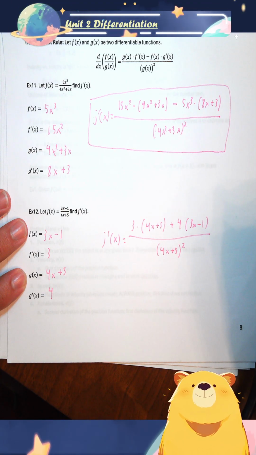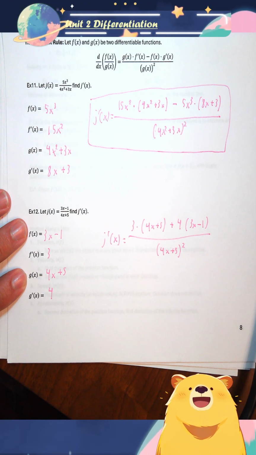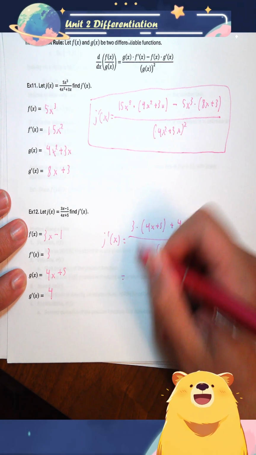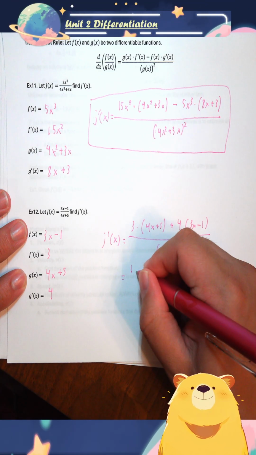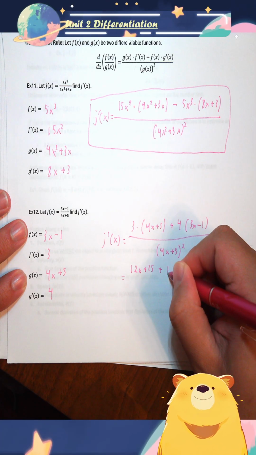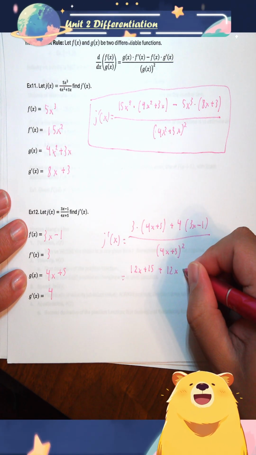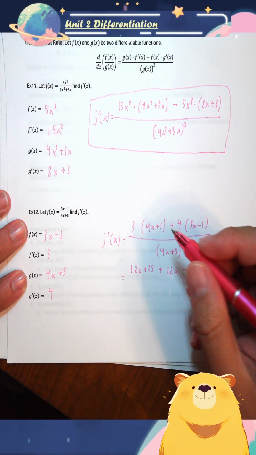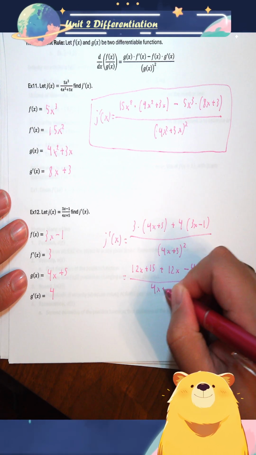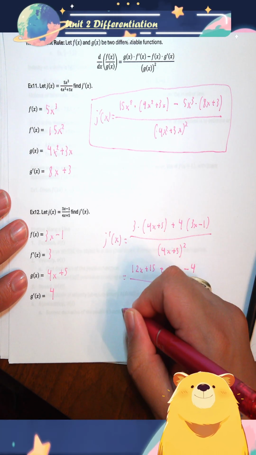Okay? Well, from here, we can go ahead and multiply this. 12x plus 15 plus 12x minus 4 over 4x plus 5 squared.